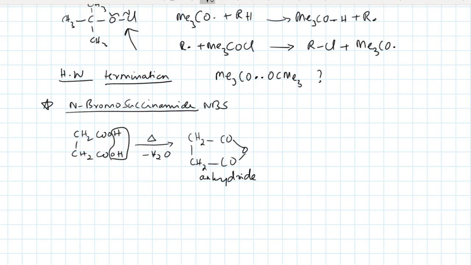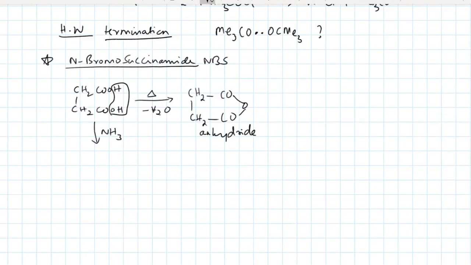Now if you take this acid and react it with the base ammonia, you get succinamide. We don't want to go into the synthesis of this. I just wanted to show you what the name of this compound is and how this compound is produced. So the bond line structure for this will be like this: N-bromosuccinamide.